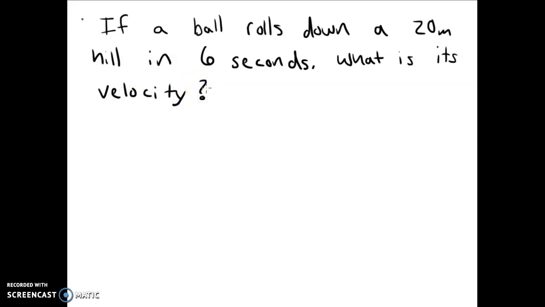For this problem, we're going to assume that acceleration is 0. That's not actually going to be the case in our class all the time, but for this question, here I'll even write acceleration equals 0. So you won't need that in the problem. So if a ball rolls down a 20-meter hill in 6 seconds, what is its velocity?